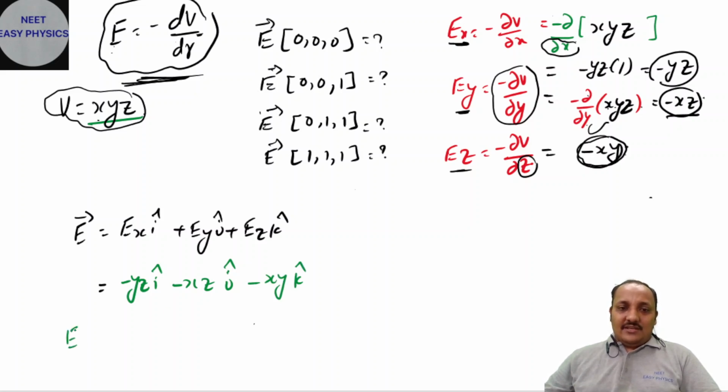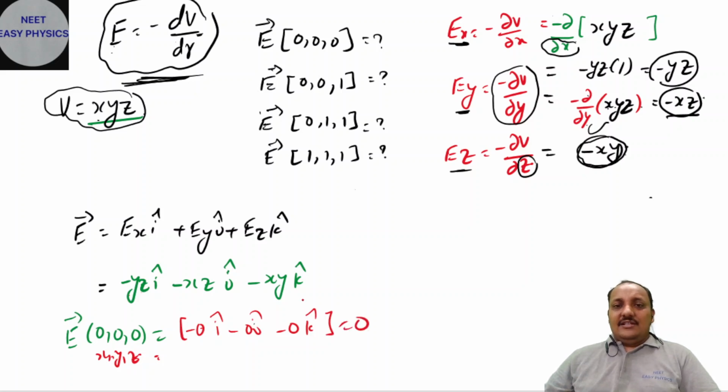Now if you want to calculate E bar at (0, 0, 0), x, y, z are all zeros. We get 0 i cap, 0 j cap, minus 0 k cap. Therefore the final answer is 0.